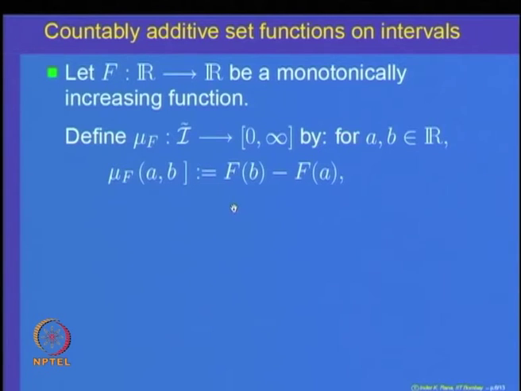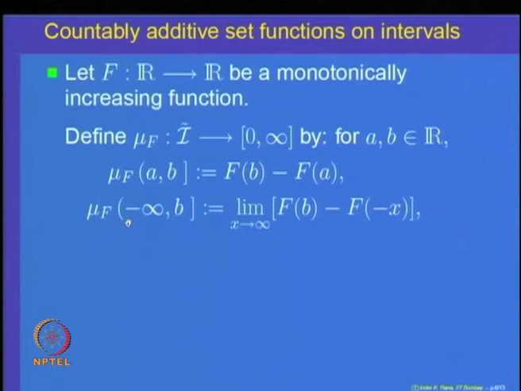In that case, for mu f of the infinite interval minus infinity to b, which is open on the left side and closed on the right side b, so it is a left open right closed interval on the real line, we take the definition as f of b minus f of minus x, as x goes to infinity.